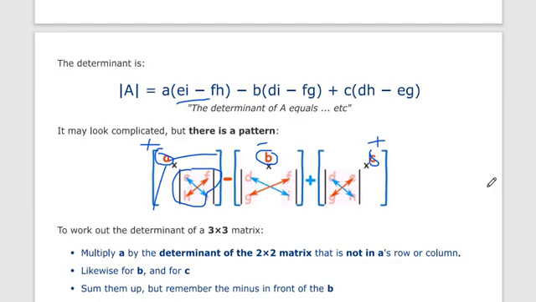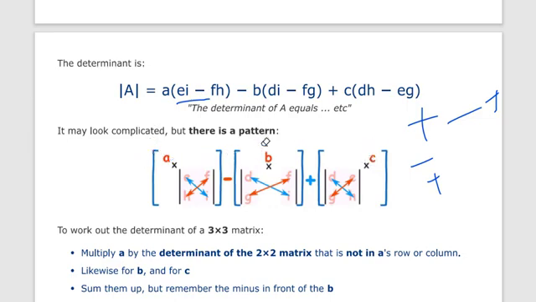Okay, remember this: plus minus plus minus plus. Okay, plus minus plus minus. Here they have taken the first row, but you can also take the second row for the determinant.